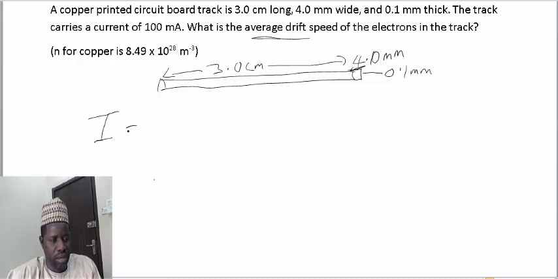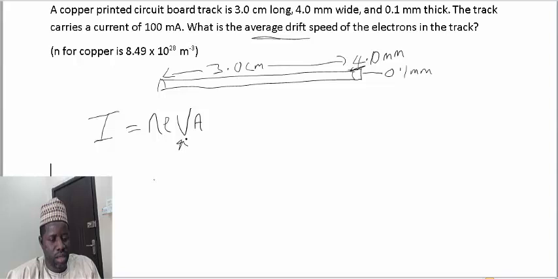So if we write our relation for the current through the conductor in terms of the other parameters, we say current is always the charge carrier density, the charge on the charge carrier, the drift velocity, and the cross-sectional area of the conductor. This is the formula we derived last week. So from here, our concern is to evaluate the drift velocity.